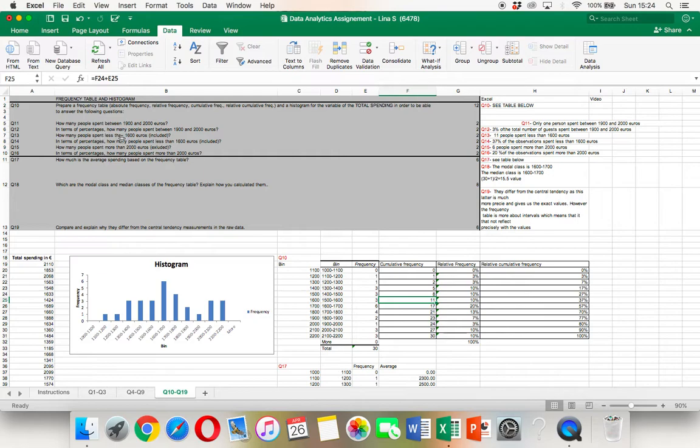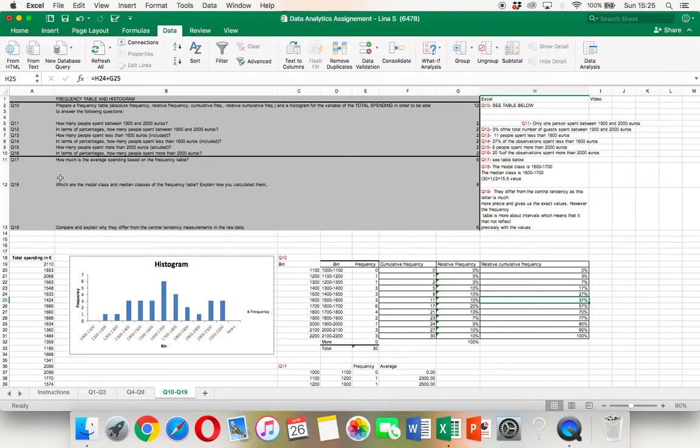How many people spent less than 1,600 included? Okay, so for this one, as we want it in a percentage, not in a normal number, we go directly to relative cumulative frequency and we get 37%. So 37% of the observations, or of the guests, spent less than 1,600 euros.